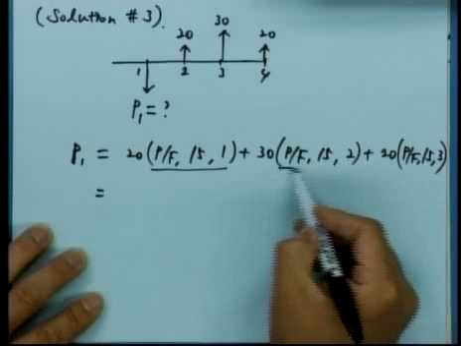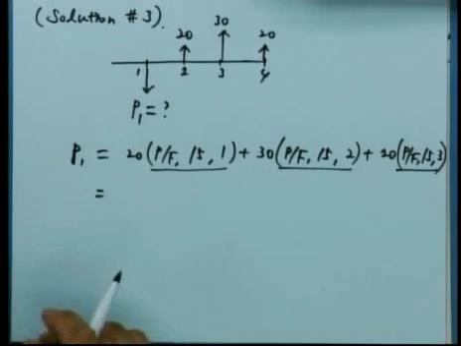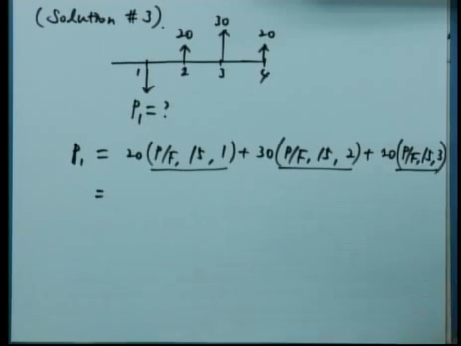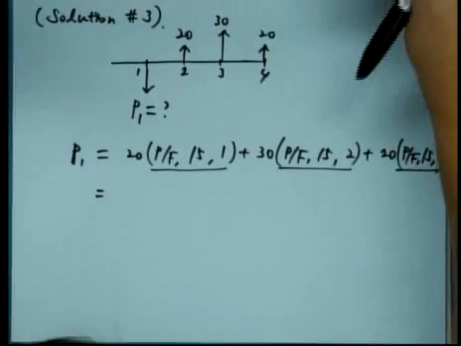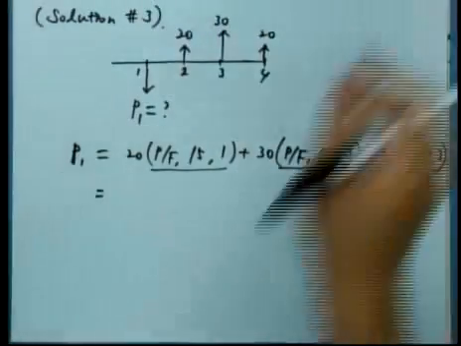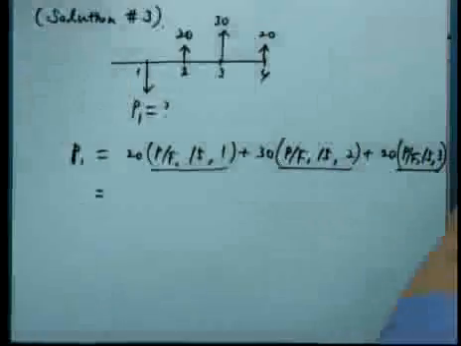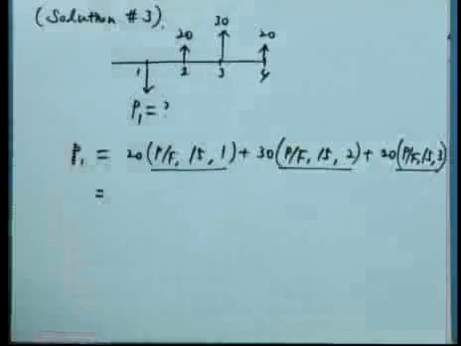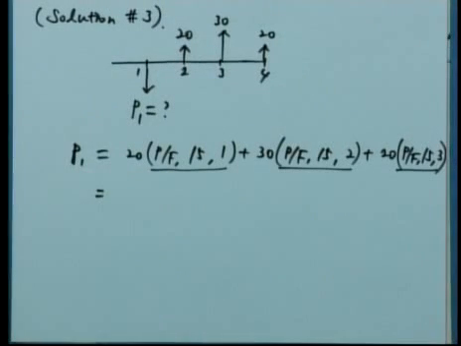And all these factor values can be obtained from the compound interest table. So let's get those values since I don't have them with me. Okay, so we are looking for 15%.